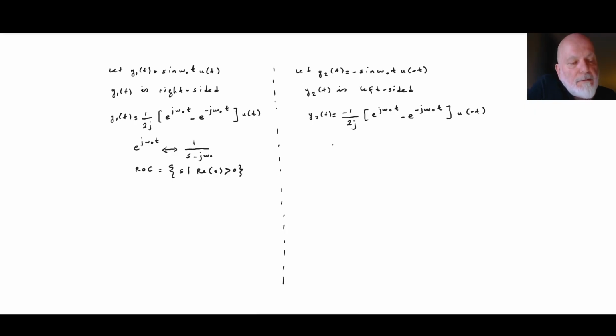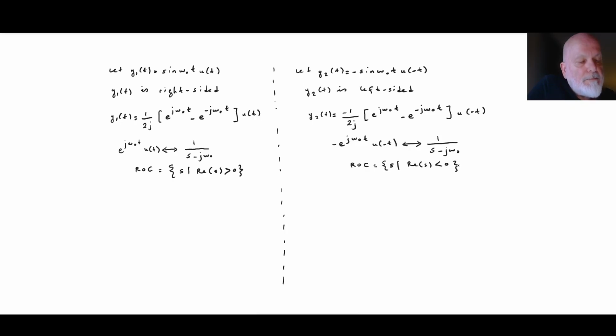And here we know that e to j omega 0 t u of t, I have forgotten to write that down, has this Laplace transform, and minus e to j omega 0 t u of minus t has the Laplace transform 1 over s minus j omega 0 again with the corresponding convergence region, all those s such that real part of s is negative. Okay?